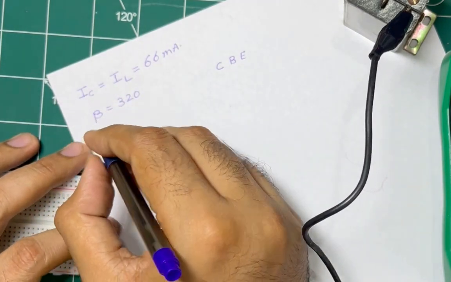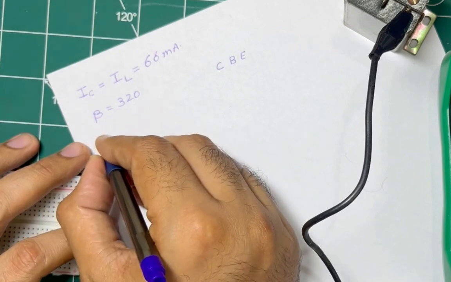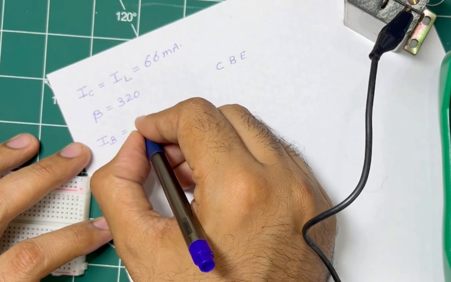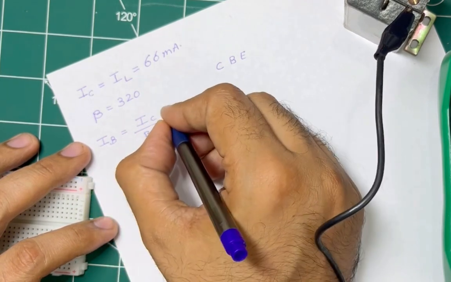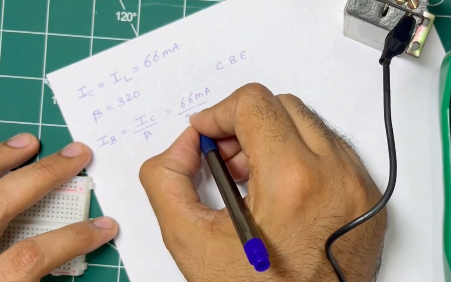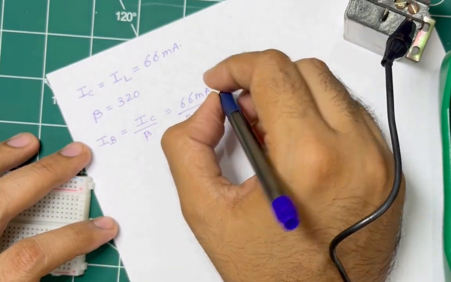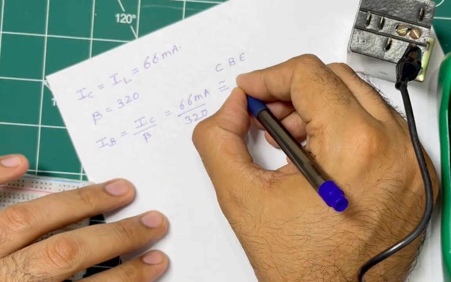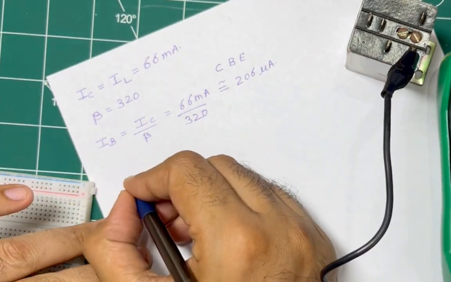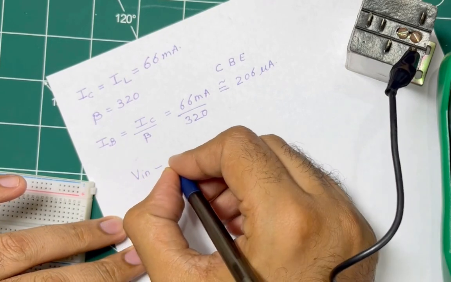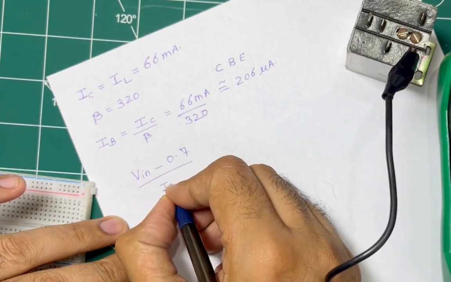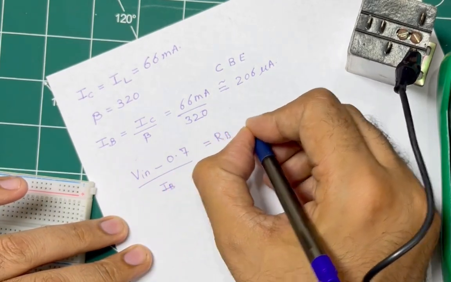So we have these values. Now we need to find the base current that's required. As we had seen earlier, the base current would be given by 66 milliamps divided by 320, and this will come out to be 206 microamperes. From the other equation that we had, Vin minus 0.7 divided by Ib would give me the value of the base resistor.